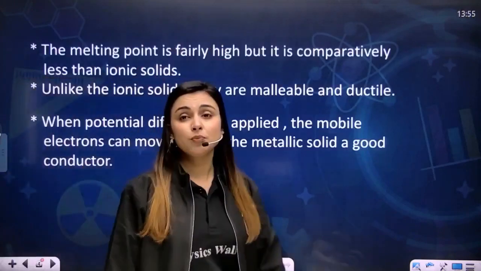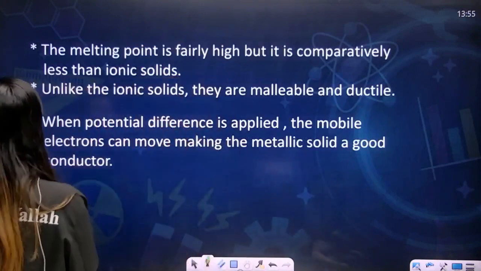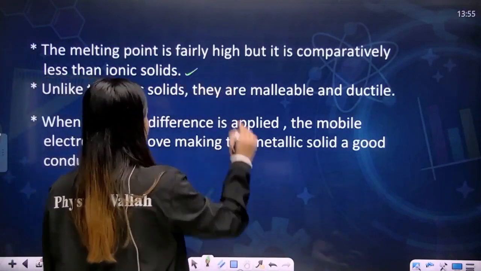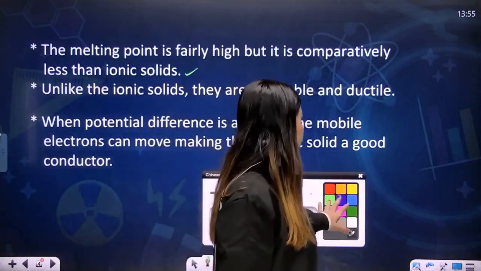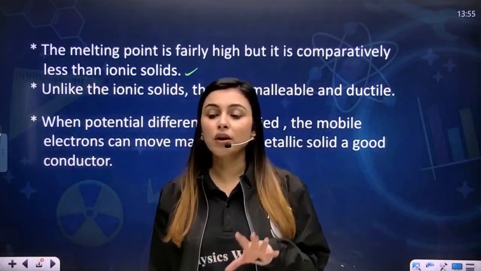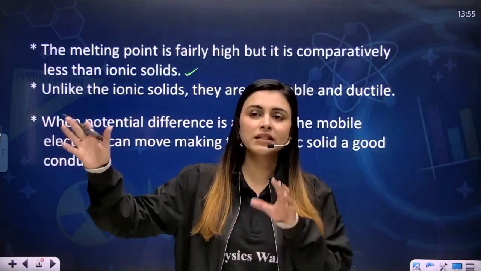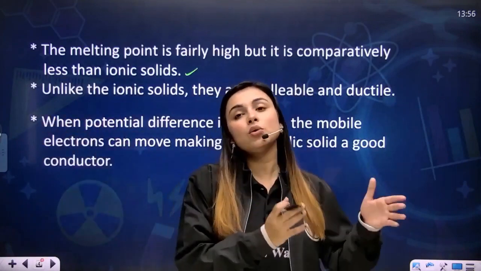Now, the first point says that the melting point is fairly high, but it is comparatively less than the ionic solids. I told you that ionic bonding is the strongest bonding. Then you have metallic bonding.